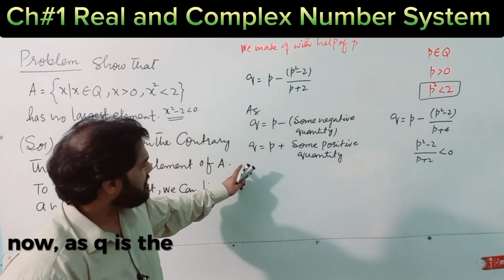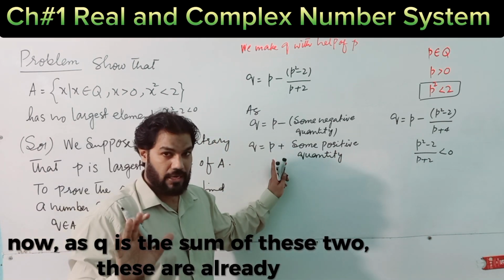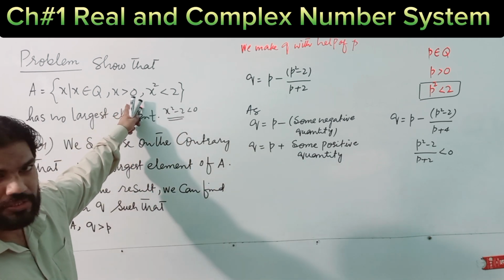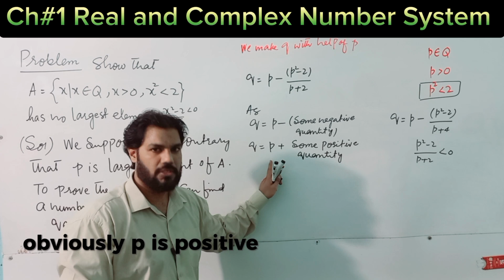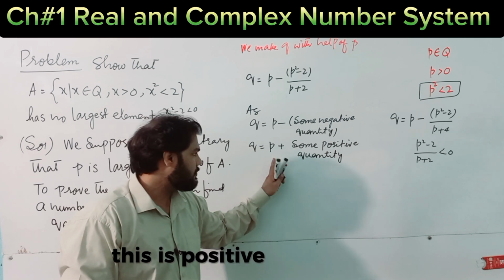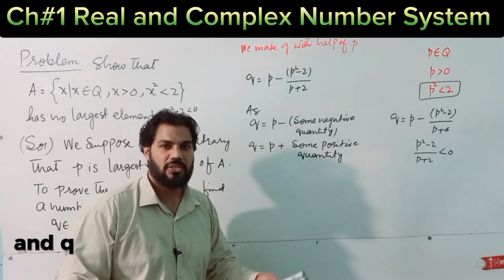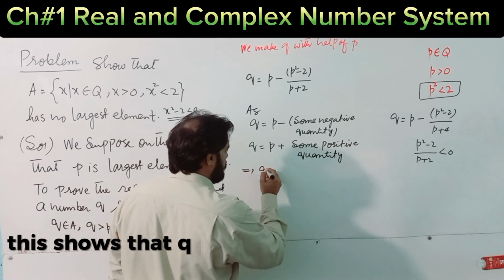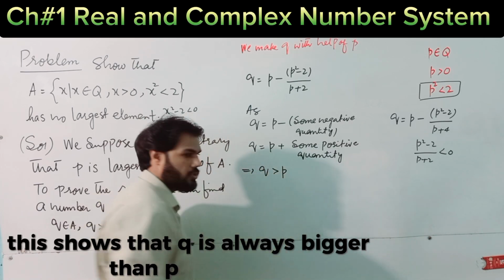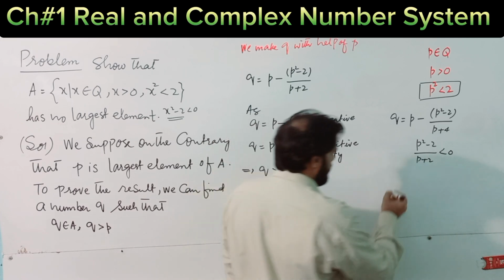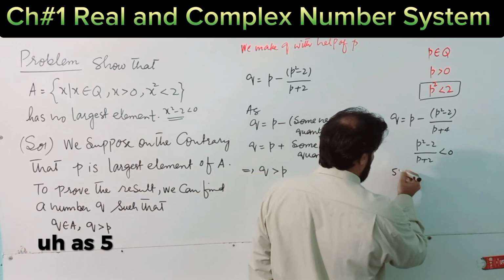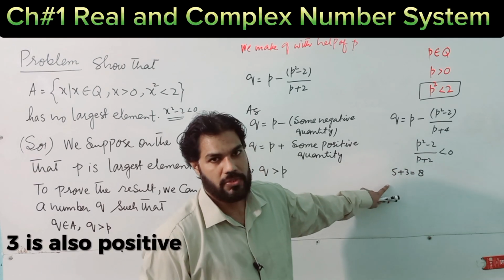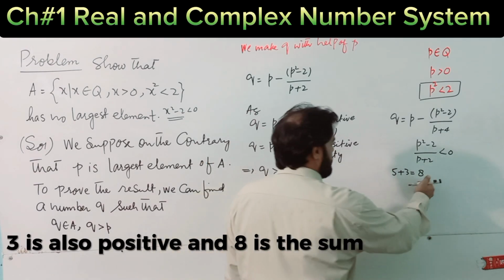Now, Q is the sum of two quantities. P is already positive, since P belongs to this set and this set has all positive rational numbers. So obviously P is a positive rational number. This is positive and this is also some positive quantity, and Q is the sum of two positive quantities. This shows that Q is always bigger than P. Suppose, as 5 plus 3 is greater than 8... 5 is positive, 3 is also positive, and 8 is the sum of these two parts.